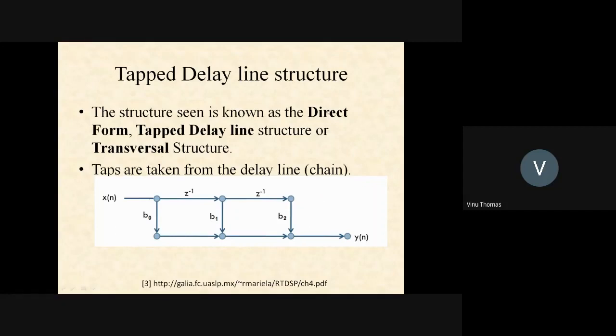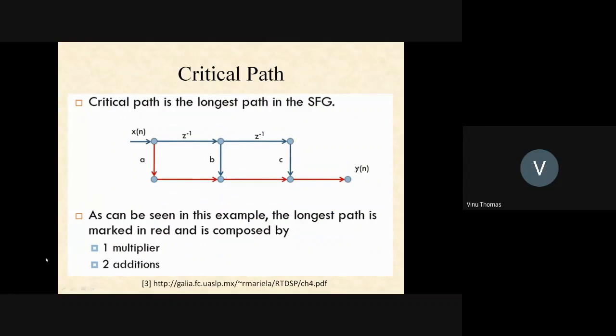So there are several names for this: direct form, tapped delay line structure, or transversal structure. You take taps from the delay line, which is also known as a delay chain. Okay, and now this is something that might not actually be required as per your curriculum, but it's very instructive.